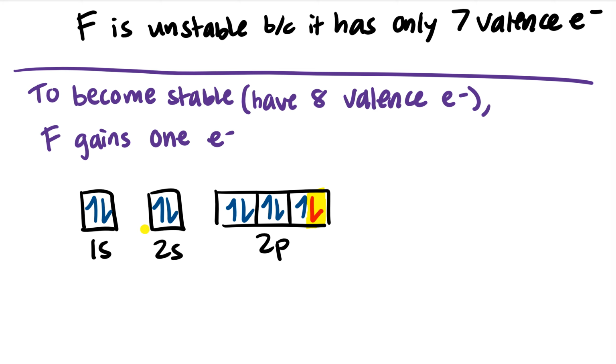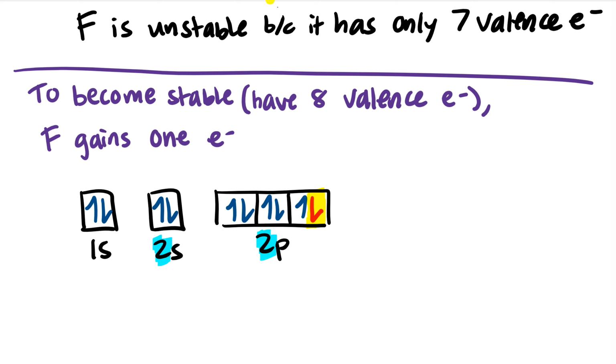And you can see here now, look, the 2p is entirely filled. That's a good thing. And count with me. Now, how many valence electrons does the fluorine have? The highest coefficient is still 2. You have 2 electrons in 2s. You have now 6 electrons in 2p.